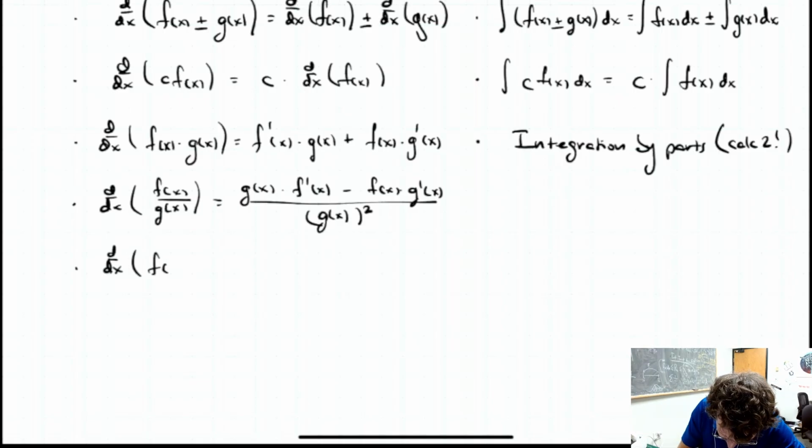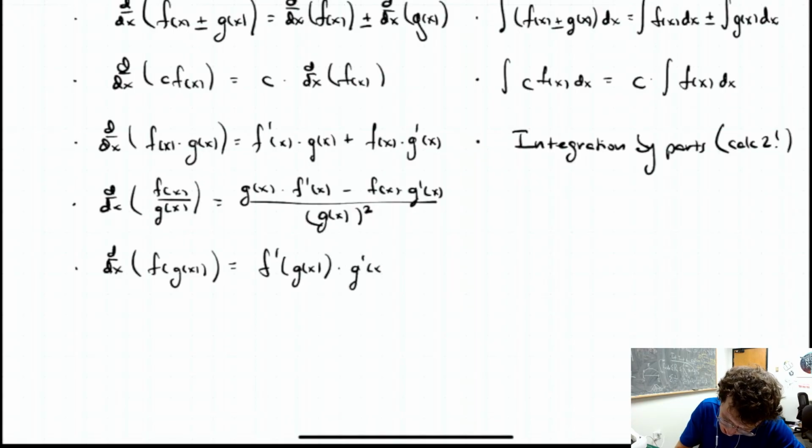Another way that you can combine two functions together is by composing. And the chain rule says that the derivative of f of g of x is f prime of g of x times g prime of x. There is a corresponding rule for antidifferentiation.